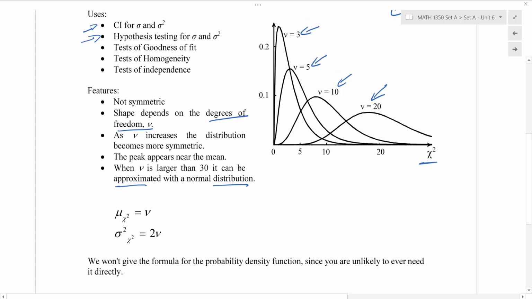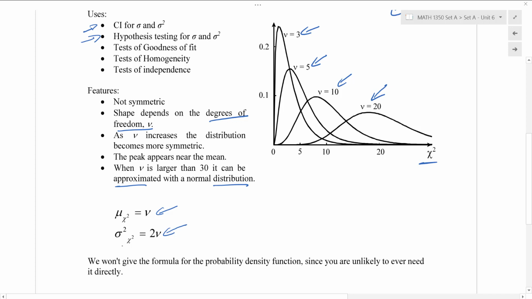We have similar formulas here. This is kind of like our mu x bar. In this case, the mean of the chi-squared is actually just equal to nu, and the variance of the chi-squared is equal to 2 nu.